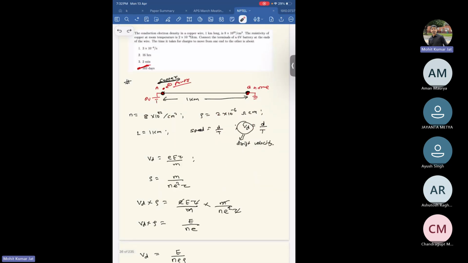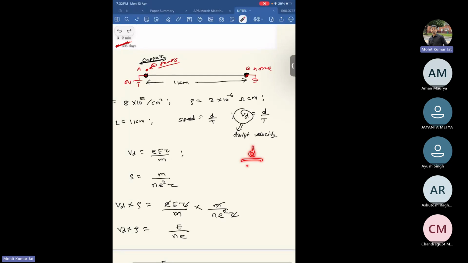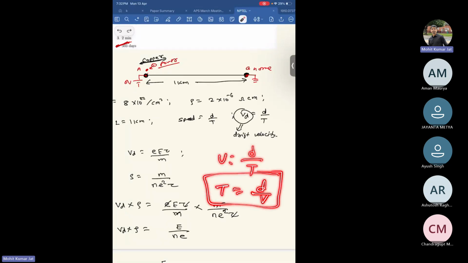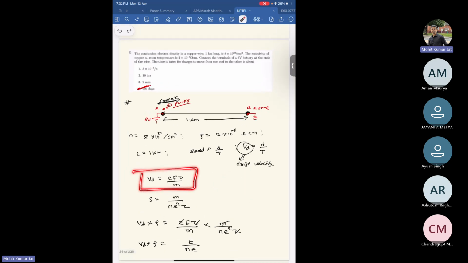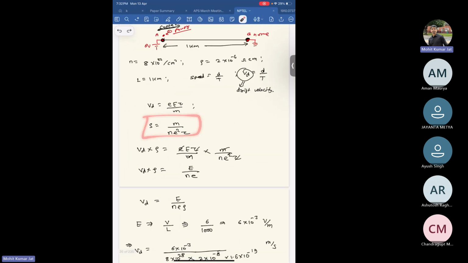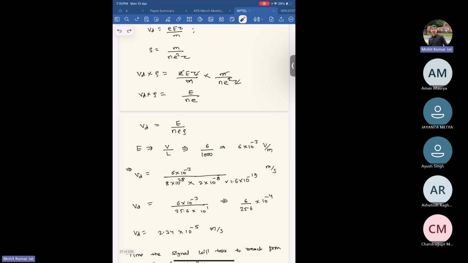So we take Vd, which is E tau by m, the speed. From basic Newtonian mechanics, speed equals distance upon time. So if we know the speed, which is Vd, and we know the distance, the time can be calculated by distance by speed, right? That's the idea. So Vd is E tau by m. Resistivity is given. We just manipulate the equation, and we get Vd equals E by n E tau, right?